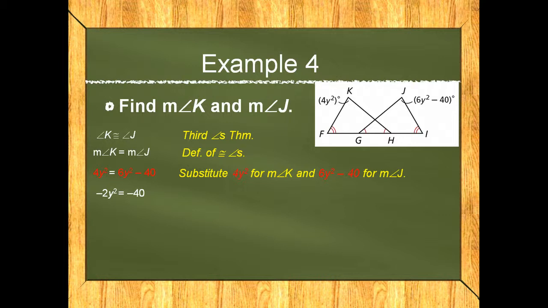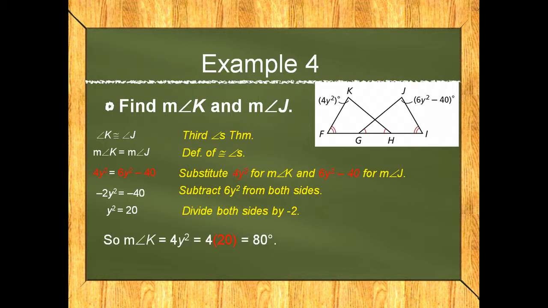We can simplify. Subtracting 6y squared from both sides, we get 2y squared equals negative 40. Y squared equals 20. All we did was divide both sides by negative 2. So the measure of angle K equals 4y squared, which is 4 times 20, and that's 80 degrees.